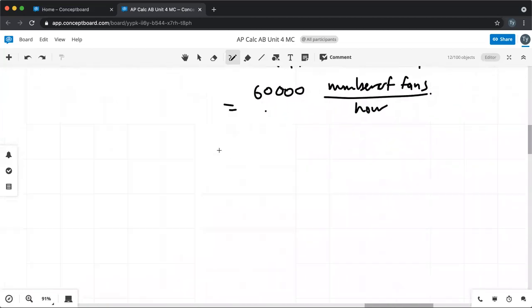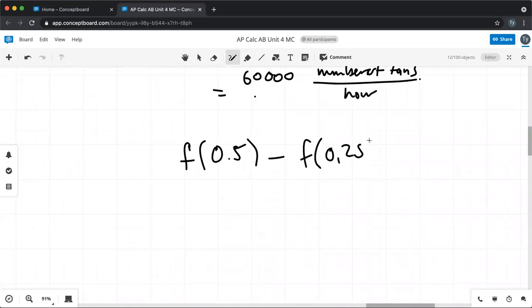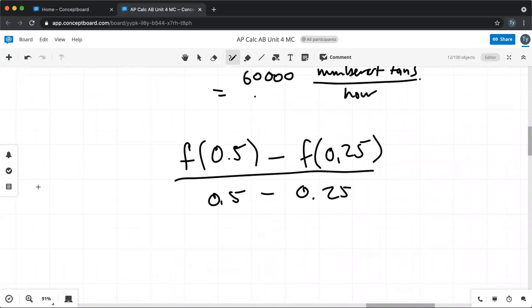So we find the average rate of change between these two points. We can just use basically this part right here. So the average rate of change, right? We have f of 0.5 because that's half an hour after 12, minus f of 0.25 because that's 15 minutes after 12, divided by just the points here. And this is our average rate of change.